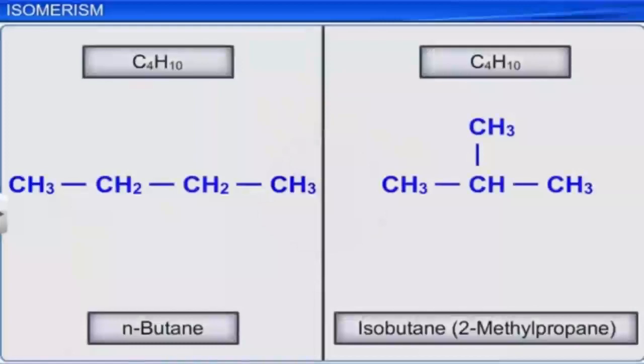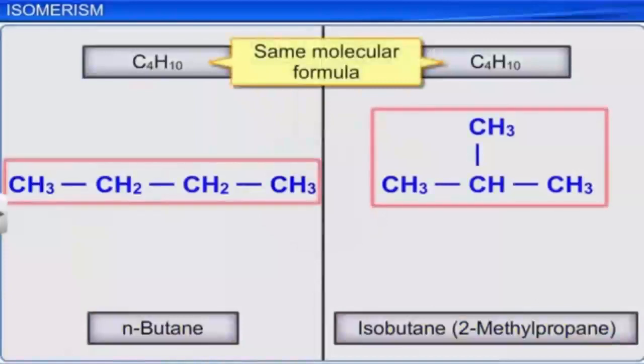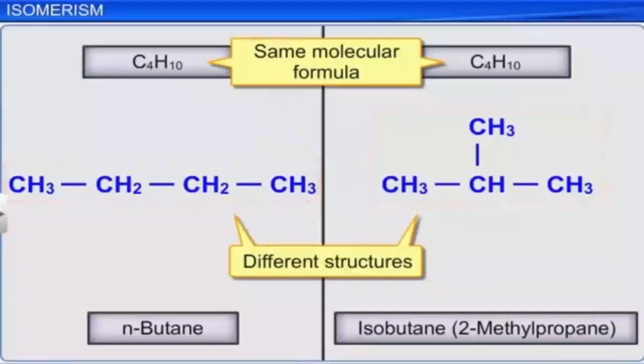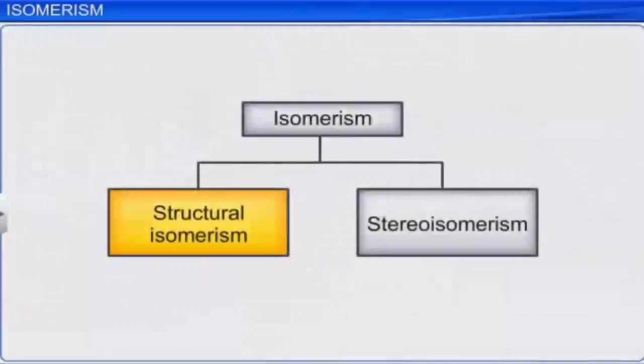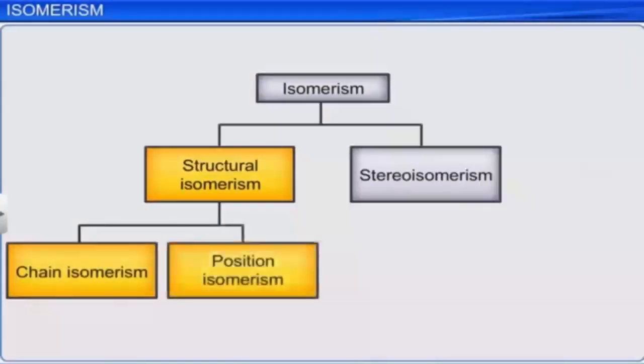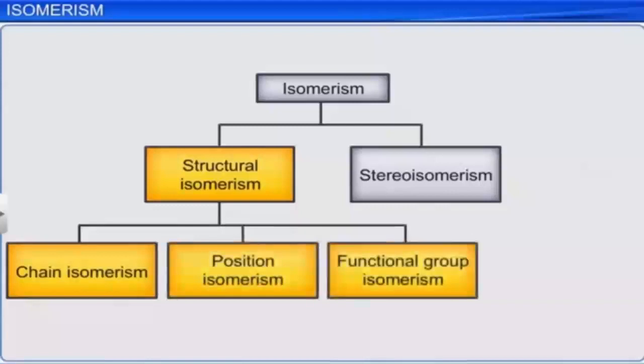For example, in n-butane and isobutane, the molecular formula is the same but their structures are different. Thus, they are structural isomers. Structural isomerism can be of the following types: chain isomerism, position isomerism, functional group isomerism, and metamerism.